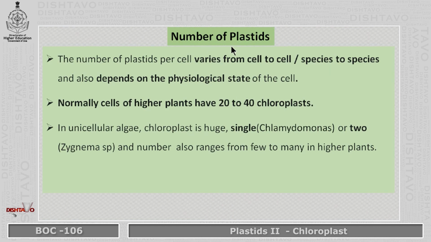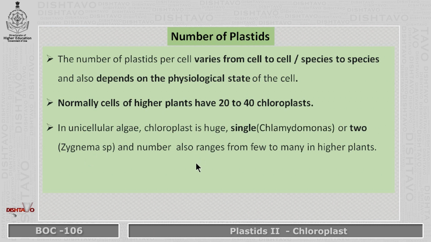Now, the number of plastids varies from species to species. It also depends upon the physiological state of the cell. Normally, in higher plants, you will find 20 to 40 chloroplasts. In unicellular algae, as we have already seen, there is a single chloroplast, or in Zygnema, two star-shaped ones.